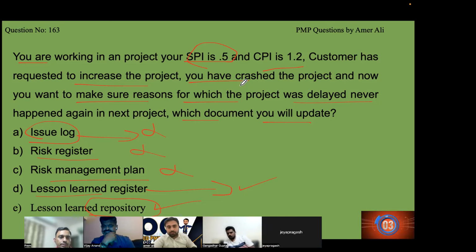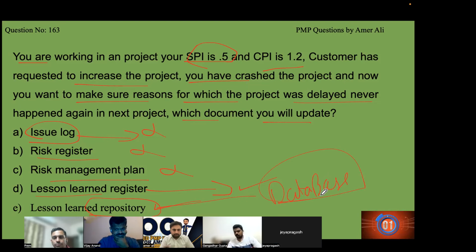Once the problem has been solved, then we don't go for the issue. The issue has already been resolved. So we consider the lesson learned repository as a document. The lesson learned repository is a database. It's our database. We put it into the database. Okay. Yes, Vijay. Thank you very much.